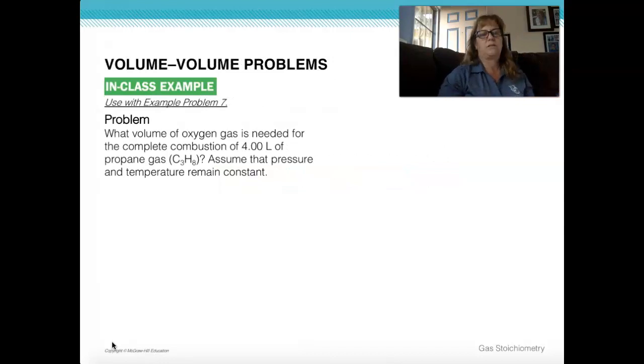So let's look at this. What volume of oxygen gas is needed for the complete combustion of 4 liters of propane? Assume that the pressure and temperature are constant. What you need before anything else is a balanced chemical equation.